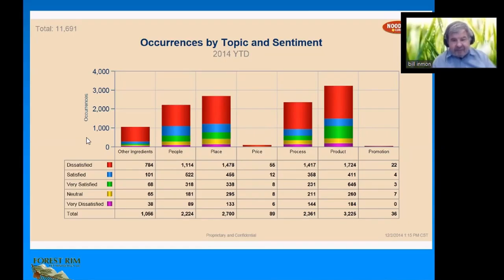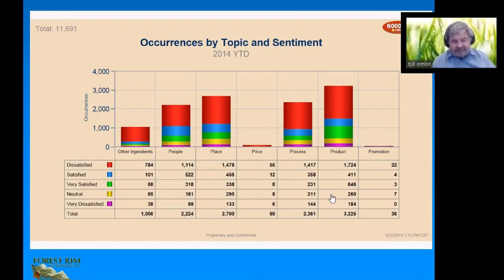Take a look at the number of comments that there were about price, that in terms of people complaining the restaurant is too expensive, nobody said anything about price. So what message does this give you as a manager? When nobody says anything about price, it says you're probably not charging enough, because it's only when you start to charge a little bit more than the average, that's when people start to notice price.